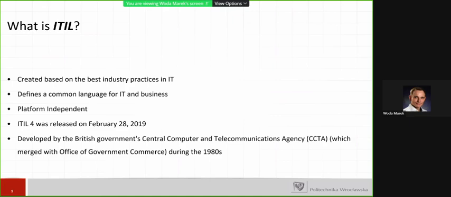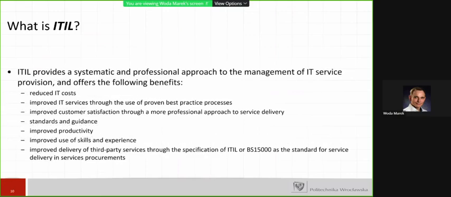With ITIL, you can simply implement what is good for your organization. Let's skip that slide forward. These are more detailed information about what ITIL is.